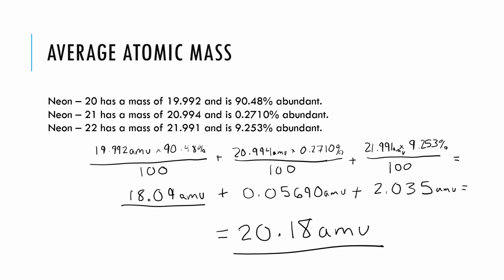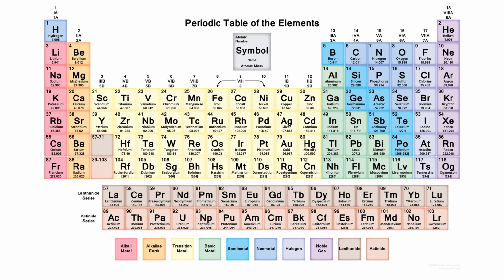Now let's see how that matches up to the one on our periodic table. Here we have our periodic table, and neon is right up here, and we see neon is 20.180, and it matches. So we have gone through all the steps, we have done neon, but you could do this with any of the elements on the periodic table as long as you know their isotopes. So have fun calculating your average atomic masses, and good luck studying.